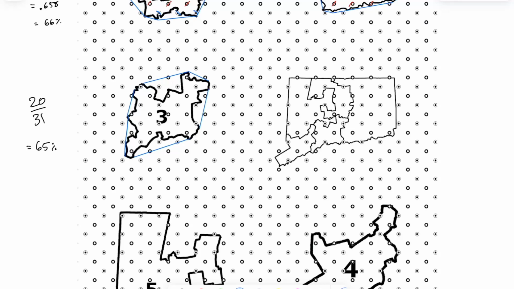I got 20 over 31 for that, for number 3. I hope your numbers are similar. They don't have to be exactly the same, but... Yeah, they're inside. Right.